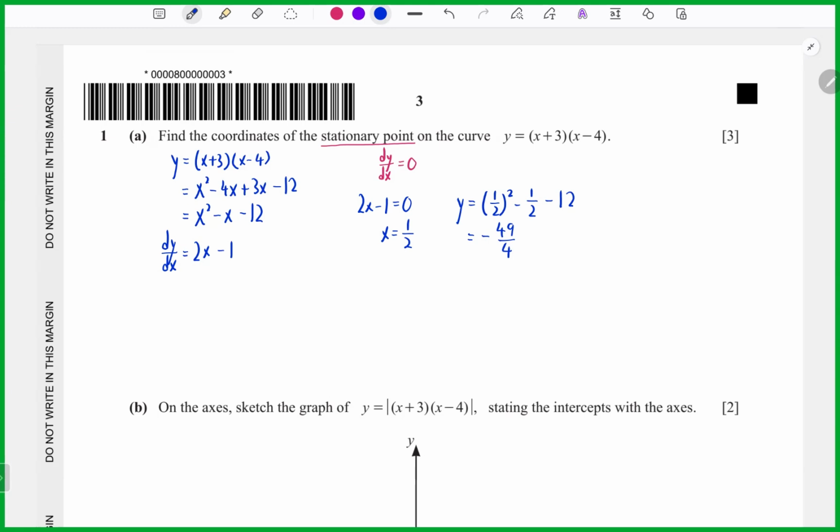This question you can also do using another method.